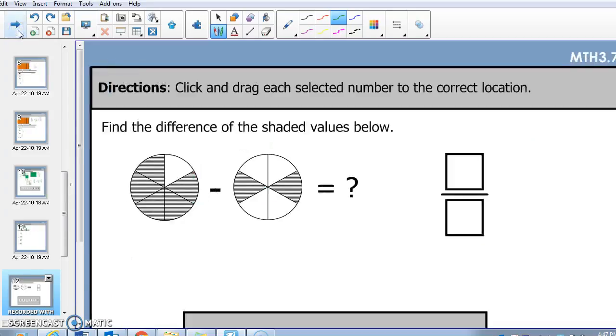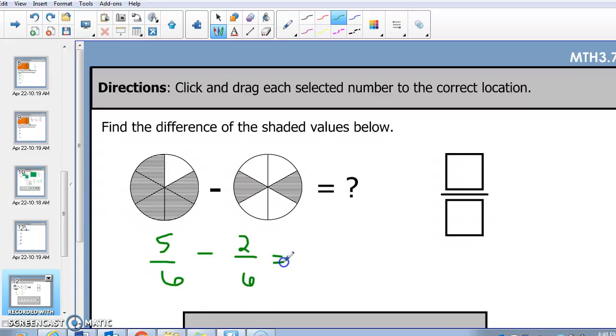All right, we're just going to try one more. Let's try a difference problem, okay, using our new trick. So this one we have 1, 2, 3, 4, 5, 6. So 5/6 minus 1, 2, 3, 4, 5, 6. 2 out of 6, 2/6.